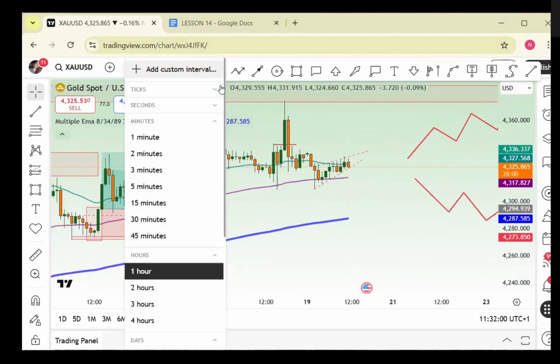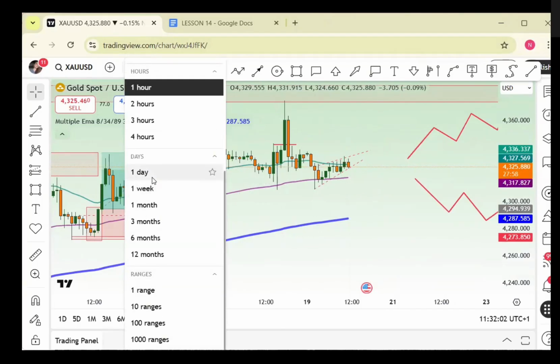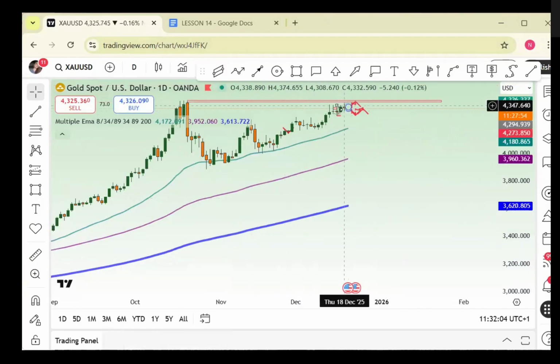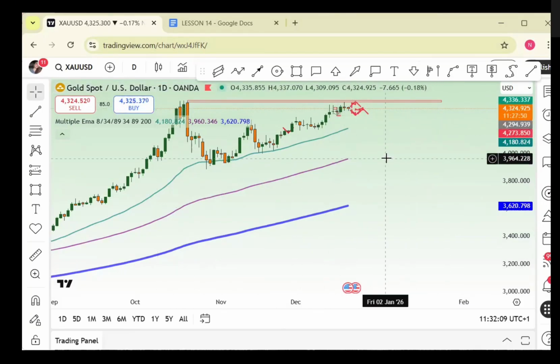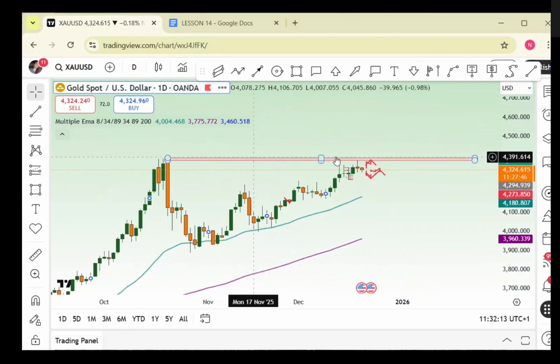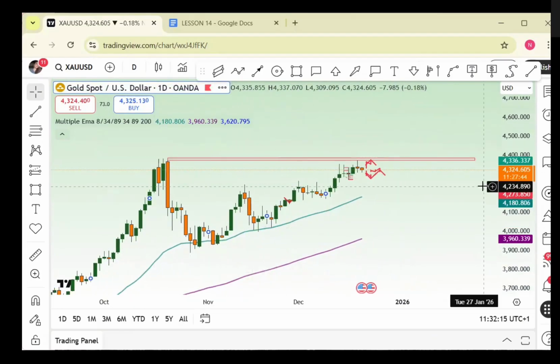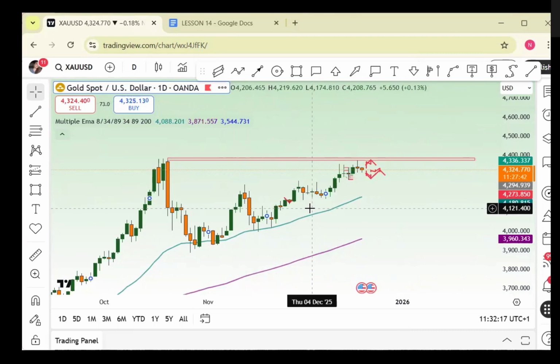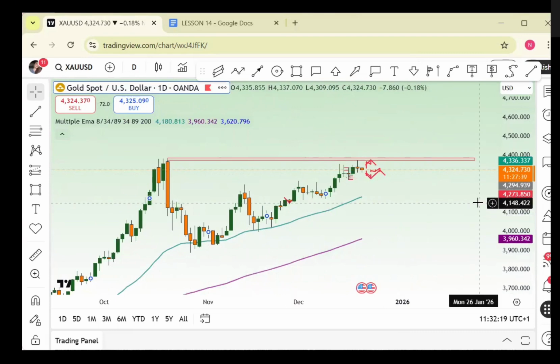In a bigger time frame like daily or weekly, it's still moving sideways, accumulating at the peak area. I believe the gold price will conquer a new all-time high next year.